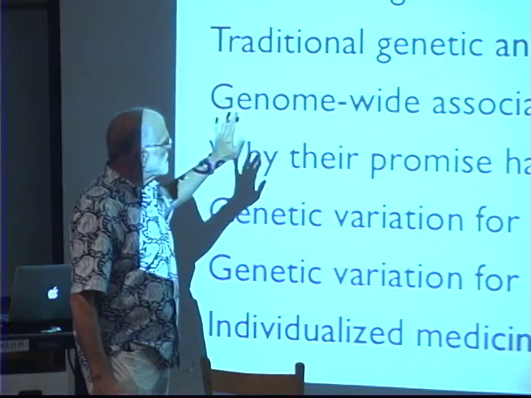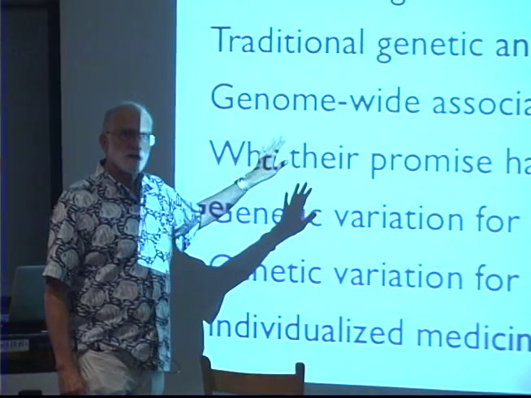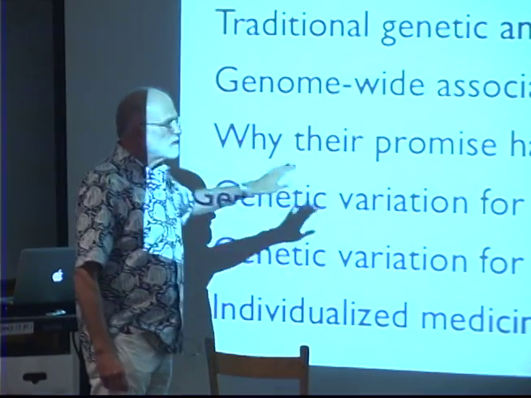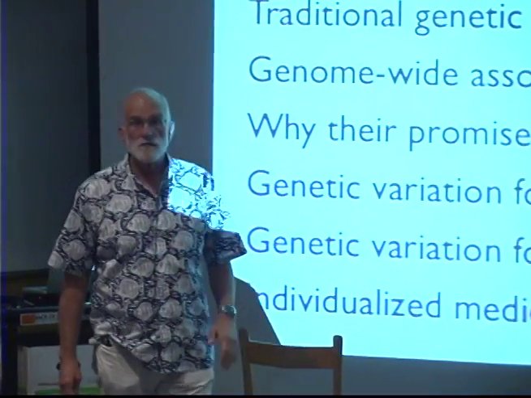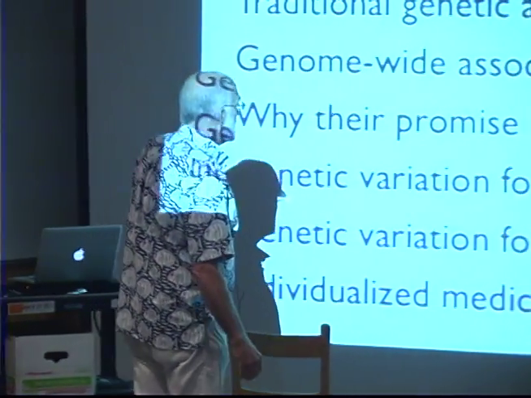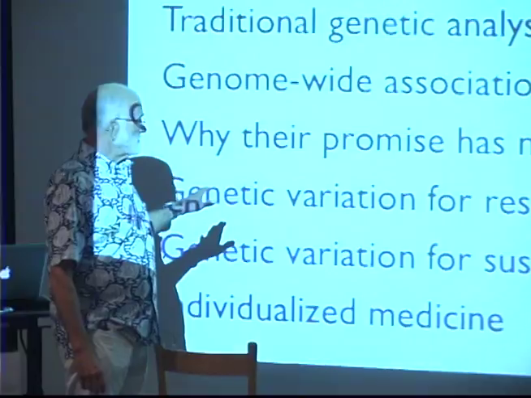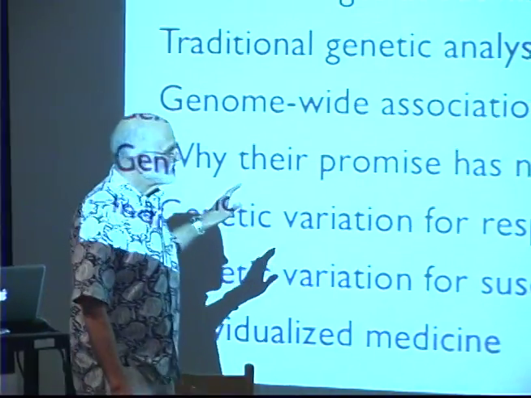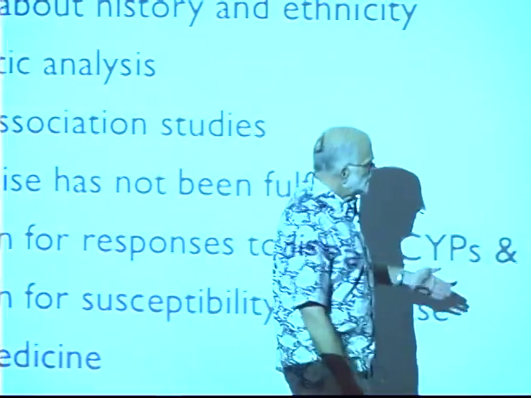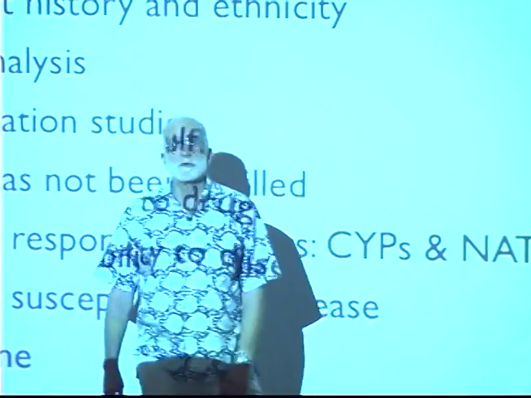I'm going to go into a little bit on genome-wide association studies, which have become so important recently. I'm going to explain that their promise has not been fulfilled and try to help us understand why. Then I'm going to talk about genetic variation in drug response, which is mostly about cytochrome P450s, which are called CYPs, and about N-acetyltransferases, which are called NATs.